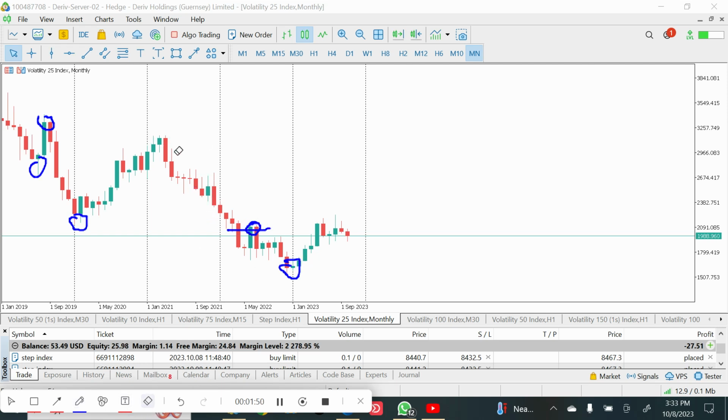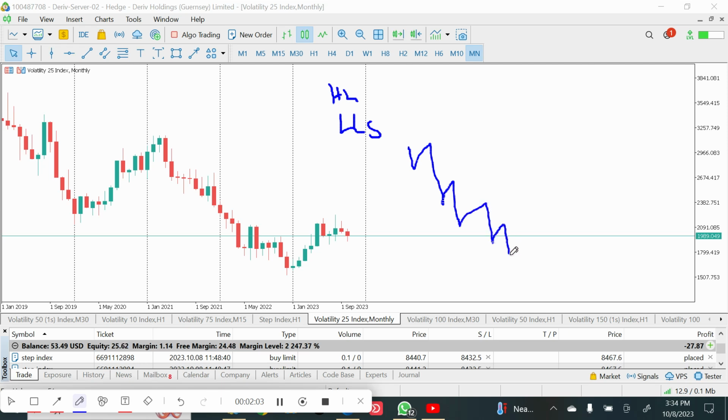Once we have established that, we know that the market is in a downtrend, because in a downtrend we have a series of lower highs and lower lows. We keep breaking the lows and going to the downside, and that is what we have on this particular asset. Let me draw on the chart so that it can be much more visible.